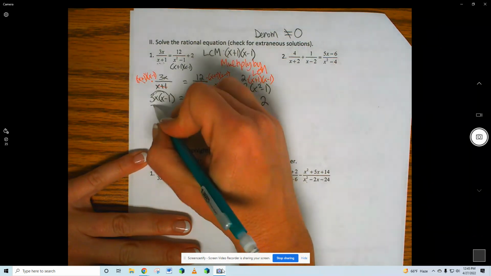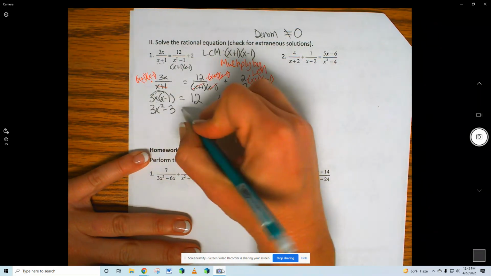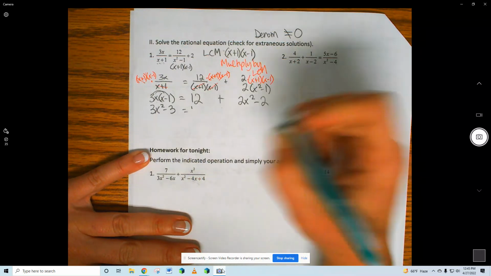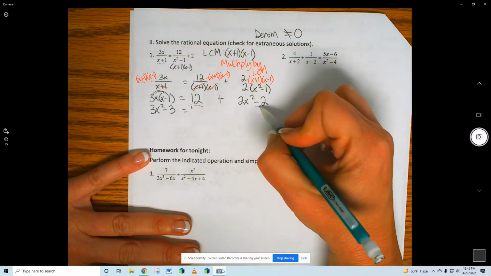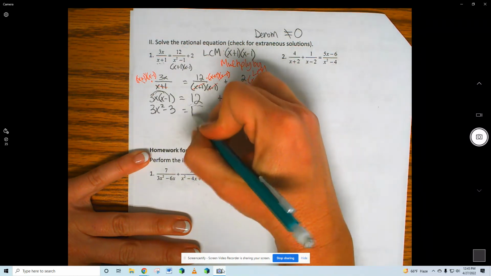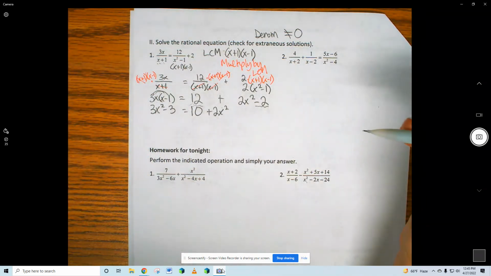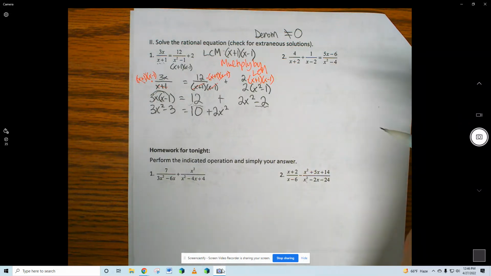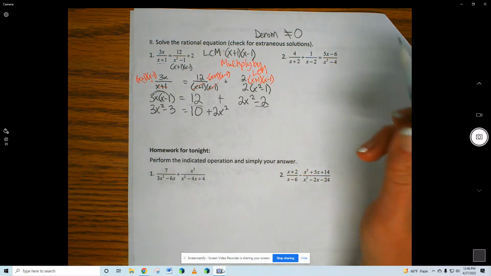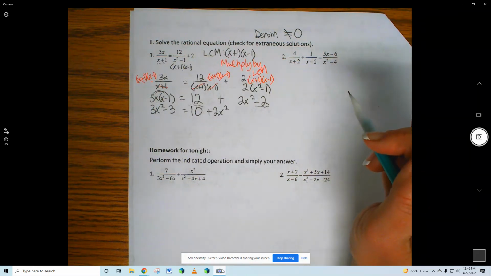Distribute. 3x squared minus 3 equals 12 plus negative 2, 10 plus 2x squared. Everything looks good. Okay.